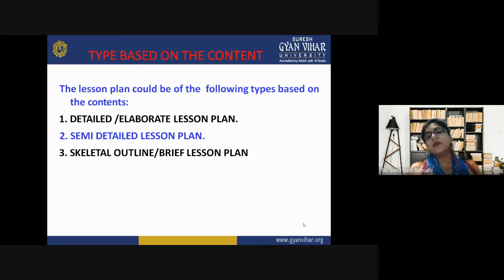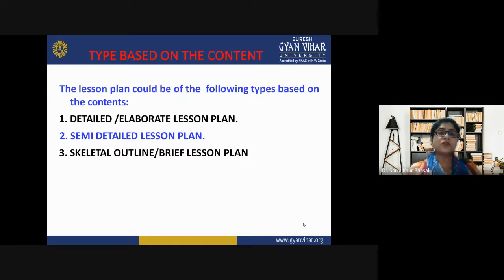In the same way, in prose and poetry lesson plans we recite and do pronunciation drill also. So first, it is based on a detailed or elaborative manner. Then secondly, the semi-detailed lesson plan, where we do not have to do so much and the lesson plan is done according to the format only.